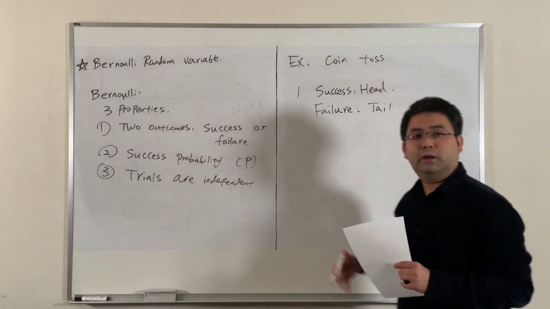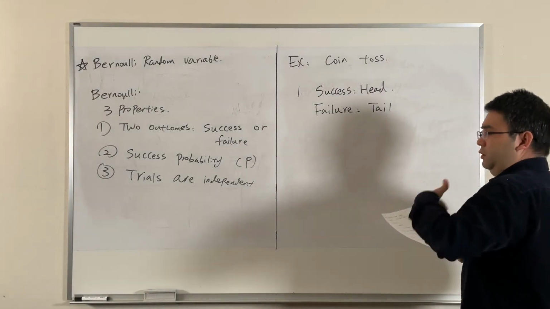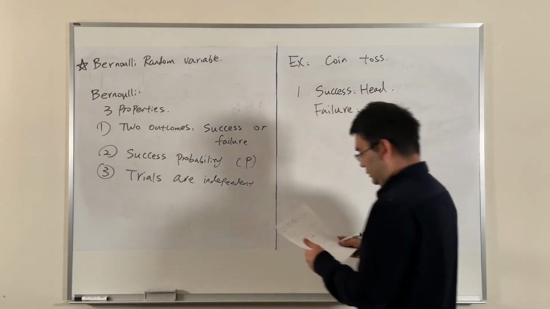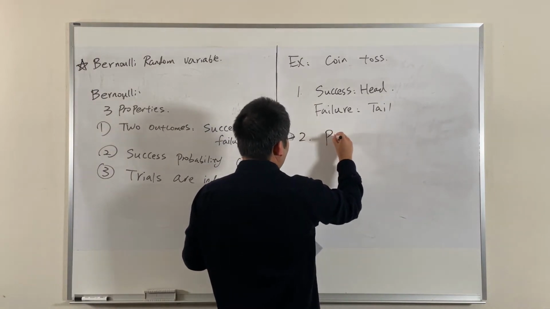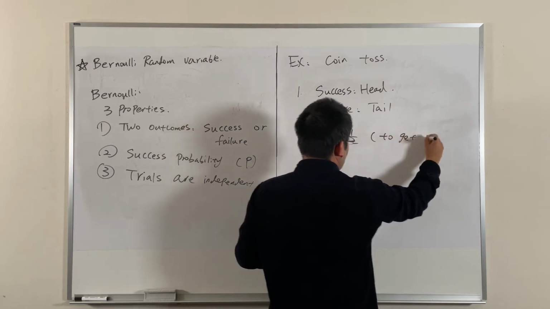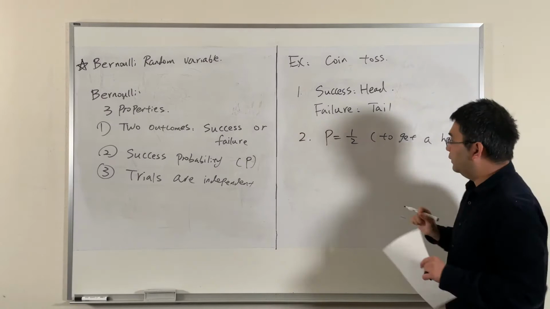Two possible outcomes. And then what's the probability of getting a success, or the probability of getting a head? The probability equals 1/2 to get a head, if your coin is a fair coin.